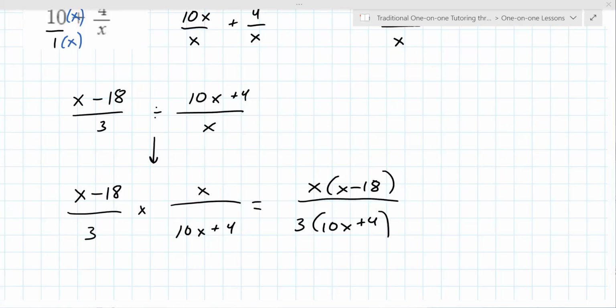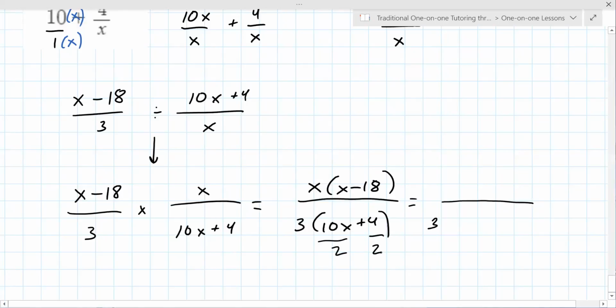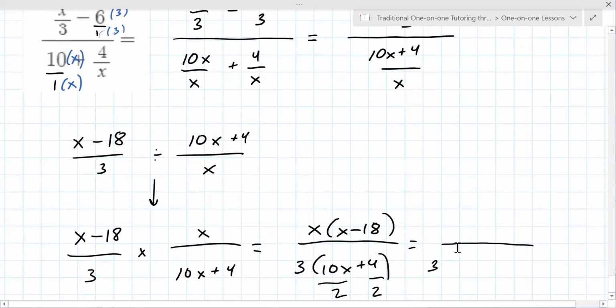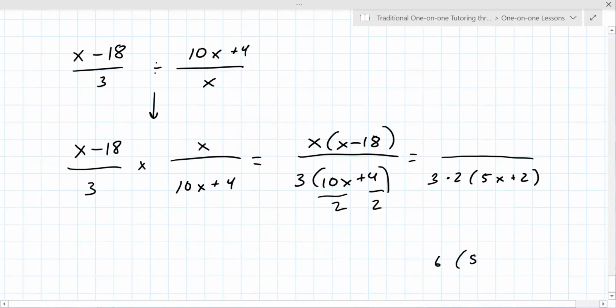Yeah, I didn't like it. Okay, so if you're still seeing my screen, on the bottom, a 2 goes into both of these. They're both divisible by 2. Did it actually say to write it in factored form? No, I didn't actually copy the whole thing down. So that becomes times 2, 5x plus 2. So that becomes 6 on the bottom, 5x plus 2. And then you got x times x minus 18.